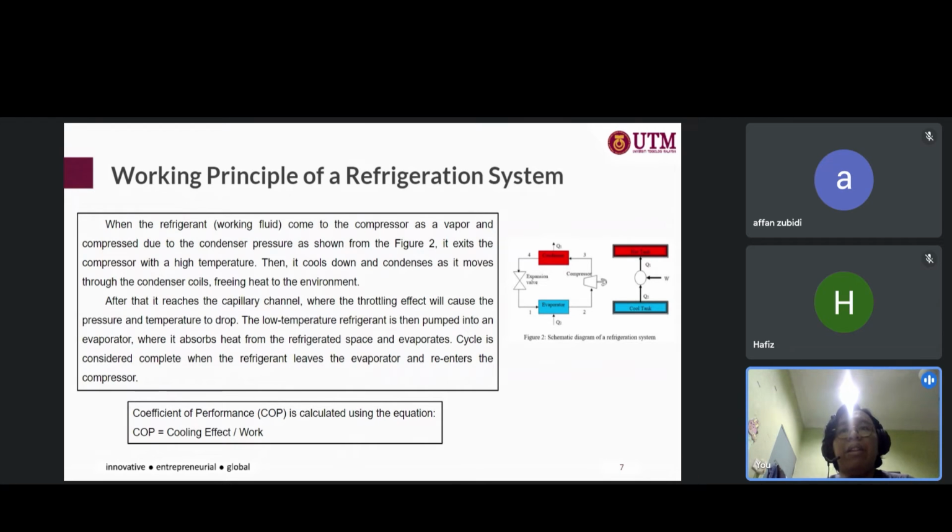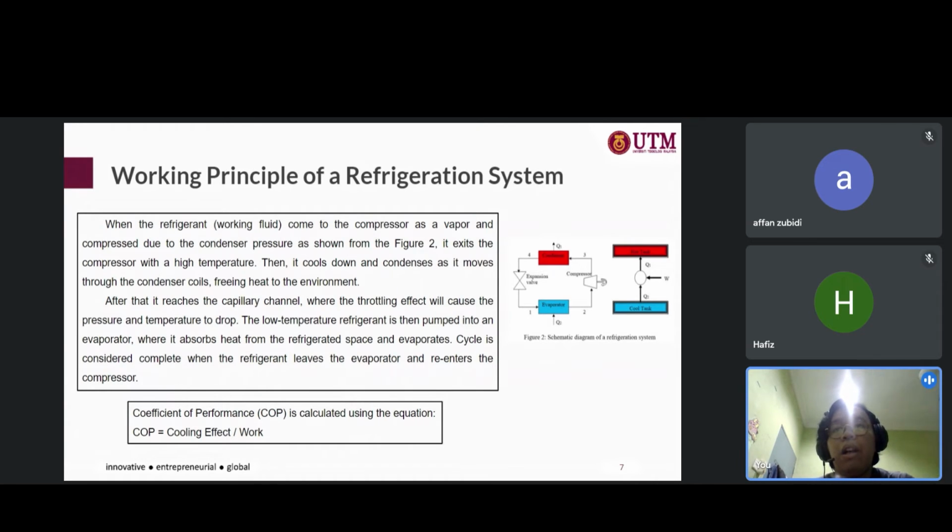After that, it reaches the capillary channel, where the throttling effect causes the pressure and temperature to drop. The low temperature refrigerant then enters the evaporator, where it absorbs heat from the refrigerated space and evaporates again. The cycle is complete when the refrigerant leaves the evaporator and re-enters the compressor.